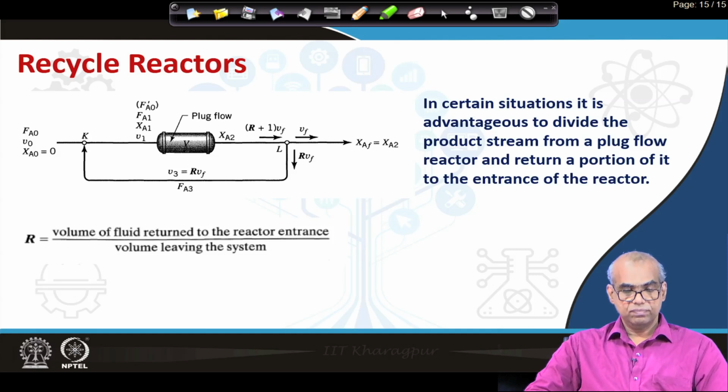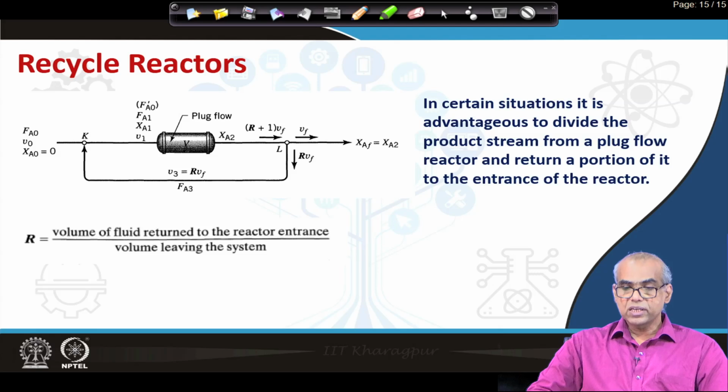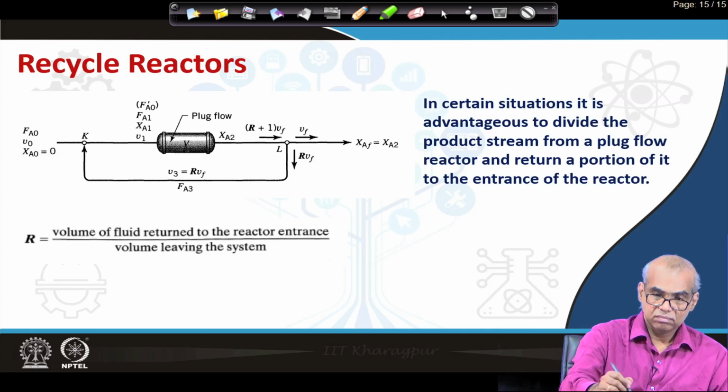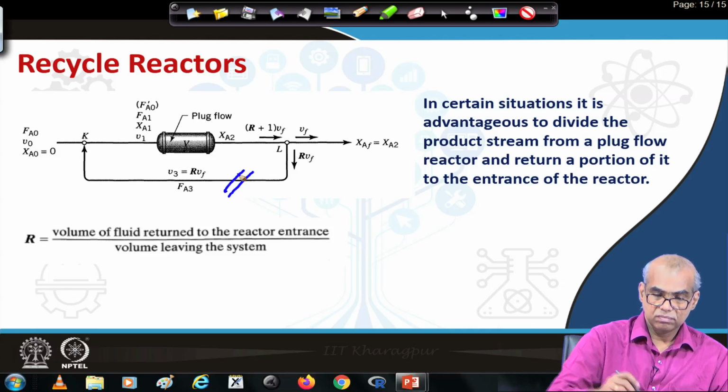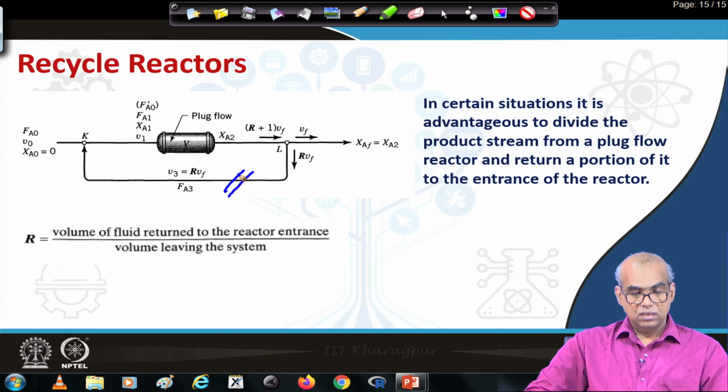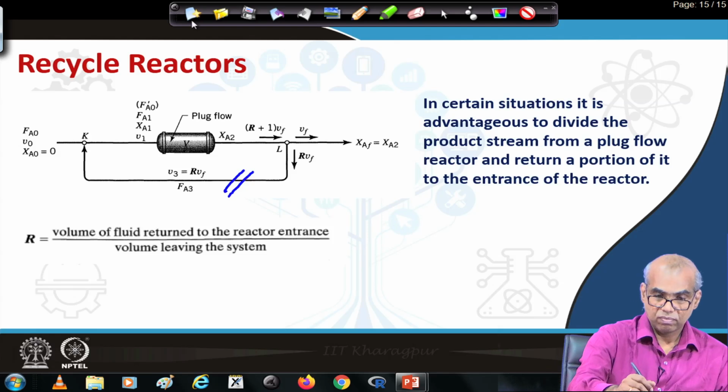Recycle reactors. In certain situations, it is advantageous to divide the product stream from a plug flow reactor and return a portion of it to the entrance of the reactor as recycle. Now, the recycle rate is defined as the volume of fluid returned to the reactor entrance divided by the volume leaving the system.